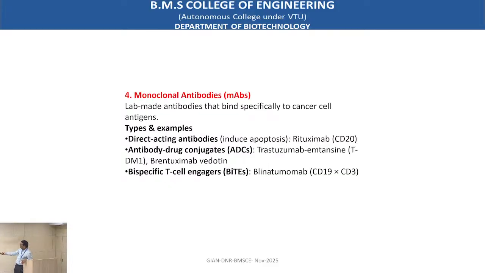The monoclonal antibodies. When you're talking about therapy for cancer, this is one already worked out thing. For example, HER2-rich breast cancer, where that protein is highly expressed, the monoclonal antibody is trastuzumab.